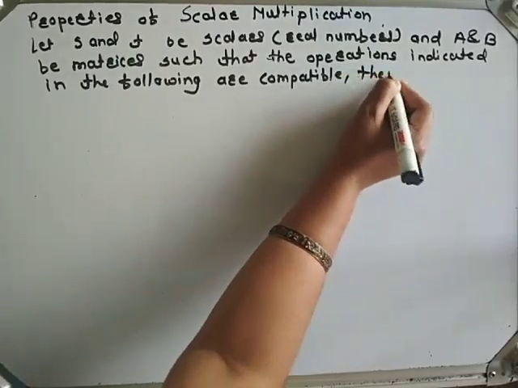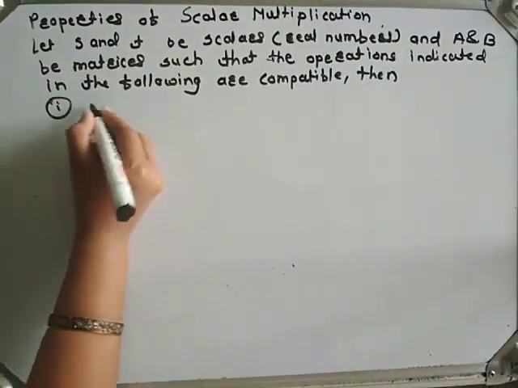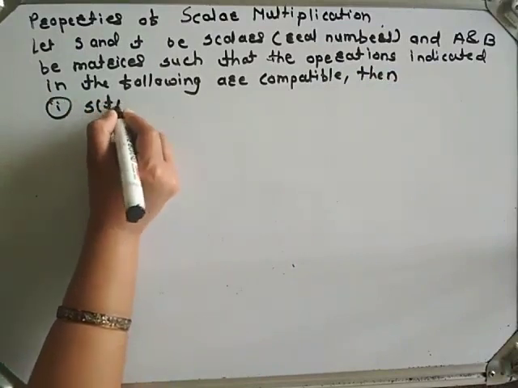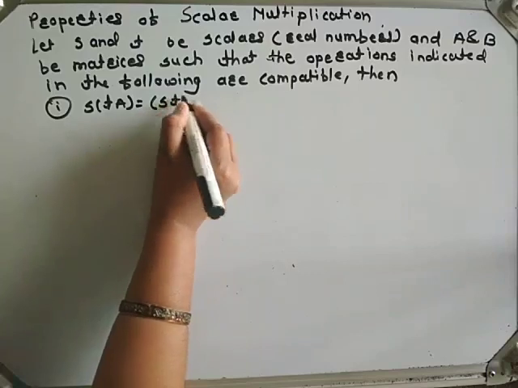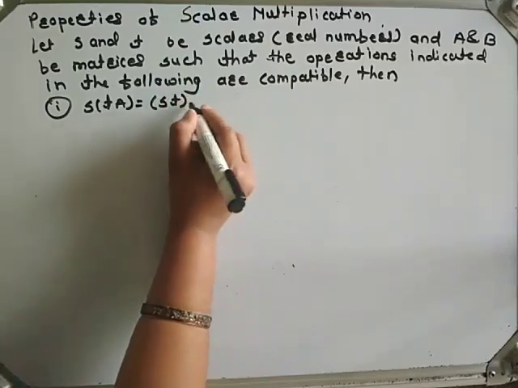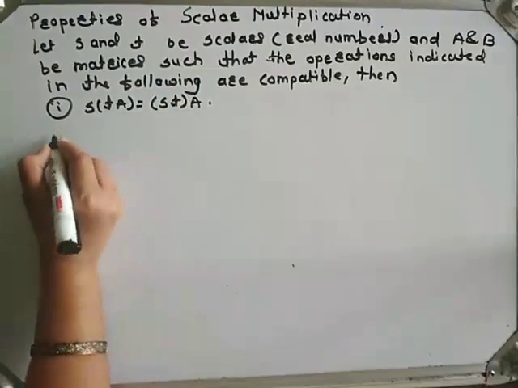Then first is S into TA, which is equal to (S into T) A.